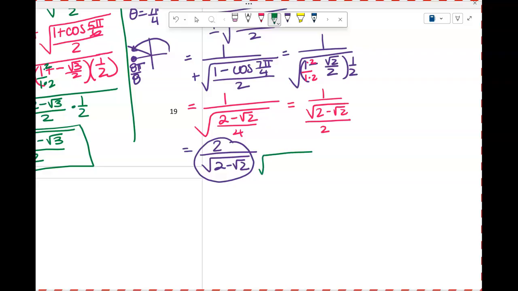So to rationalize this, we're going to multiply by the same exact radical, because 2 identical radicals will get it out of the big radical. So on the top, we would have 2 times 2 minus square root of 2. Now on the bottom, hopefully my pen is writing. Nope, it's frozen.